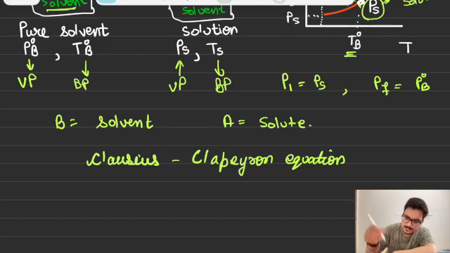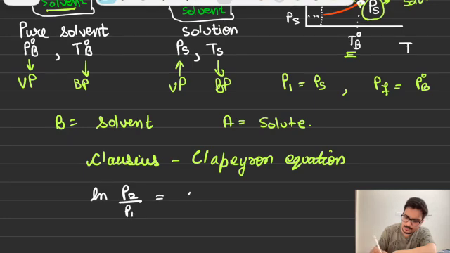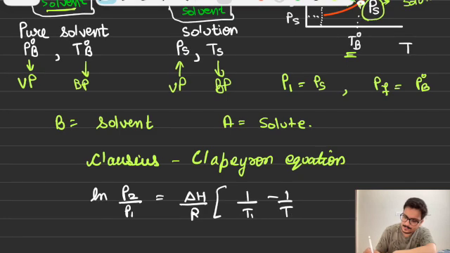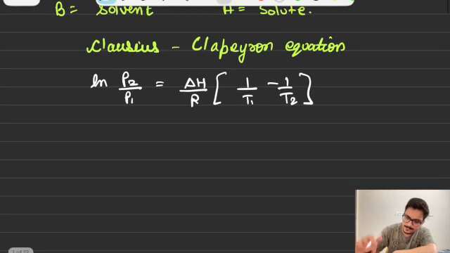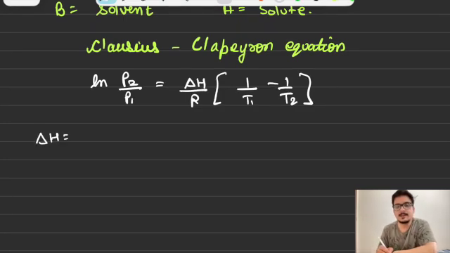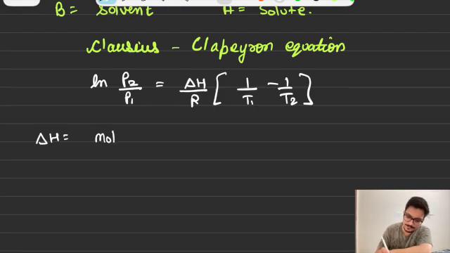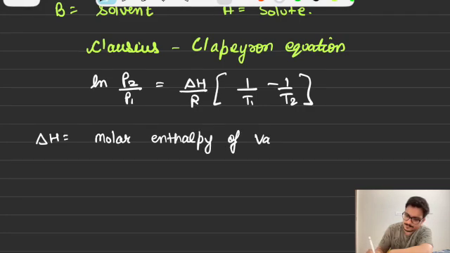What this equation suggests is that natural log of P2 upon P1 equals delta H upon R times 1 upon T1 minus 1 upon T2. Here delta H is basically the molar enthalpy of vaporization.